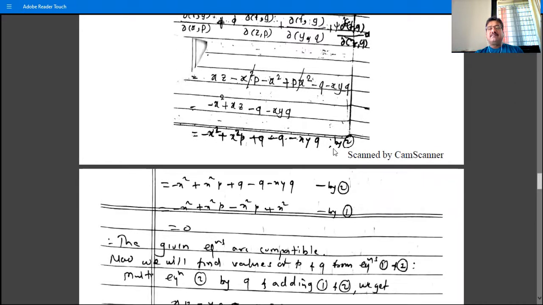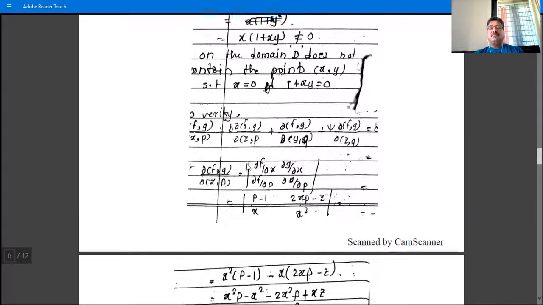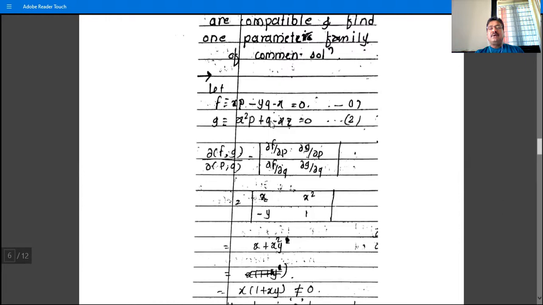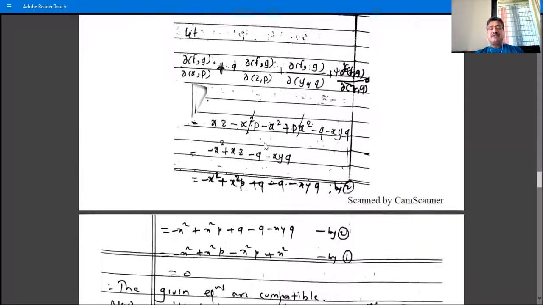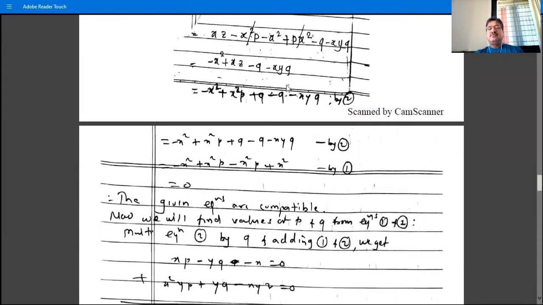So use second equation. From equation number 2, value of xz, so this xz to RHS. So xz is x square p plus q. So substitute this xz as x square p plus q minus xyq as it is, and then minus q plus q get cancelled.